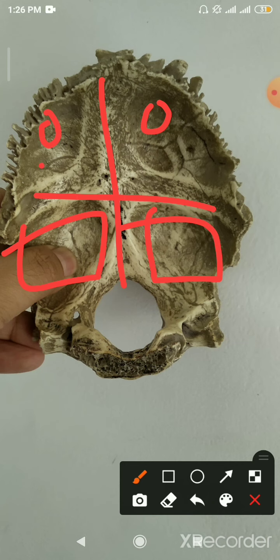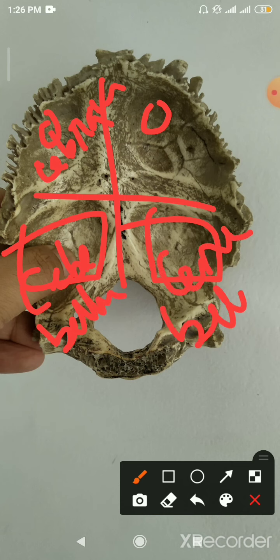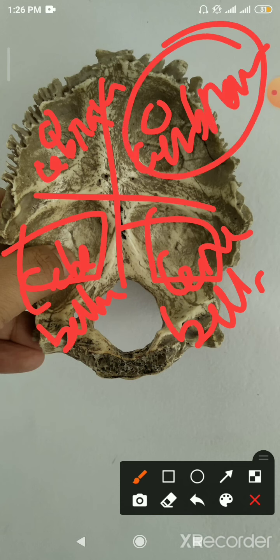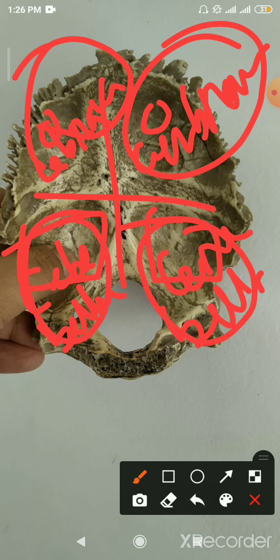So above there will be the cerebrum, and below there will be the cerebellum.